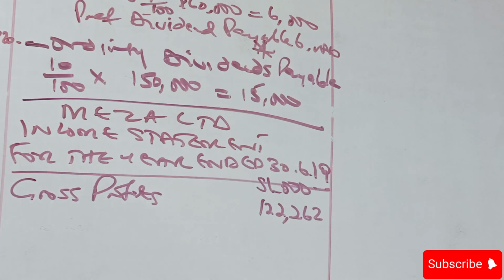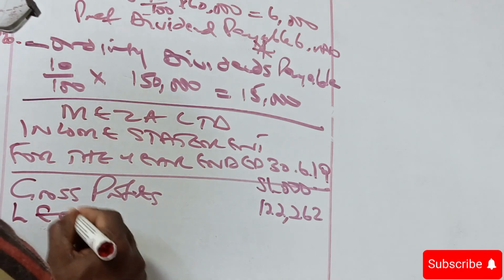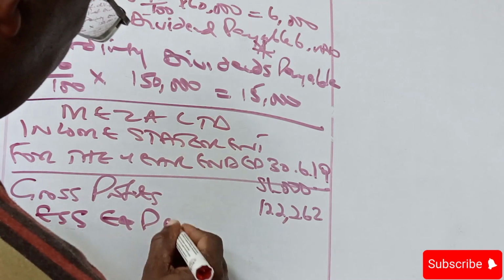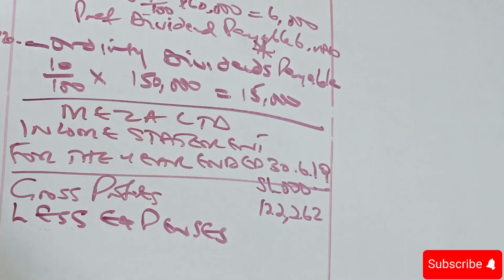I walked through the trial balance, and it does not show any other income. So we say less expenses.